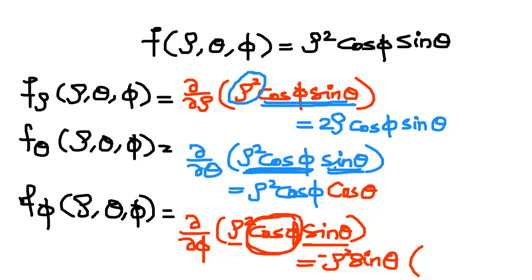Minus sine, this is phi, so write phi. That's it. So this is how you can calculate if the function is given in the form of any variable. So this is just simple first order partial derivatives.